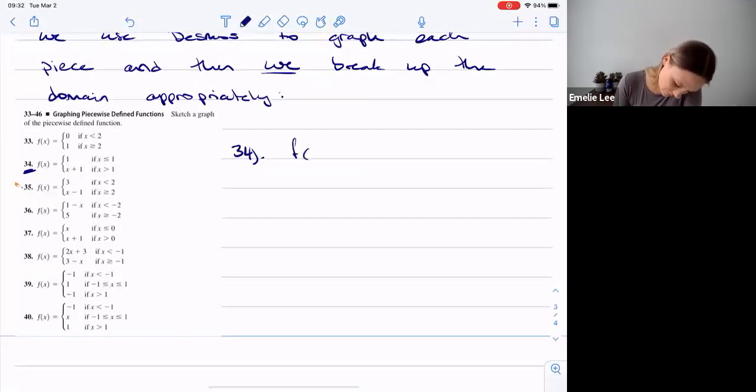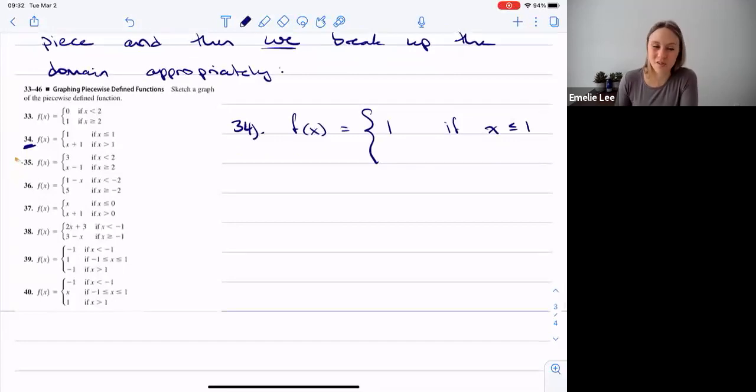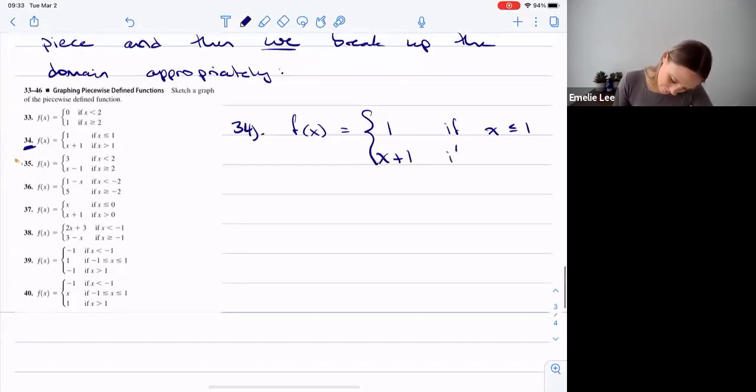So here, let's write out our function. F of x is equal to 1 if x is less than or equal to 1. Lots of ones in here, but it's just our first one. And then f of x is equal to x plus 1 if x is greater than 1.